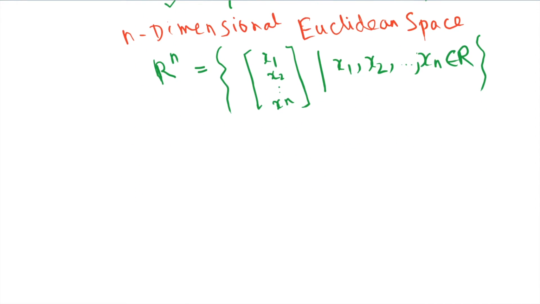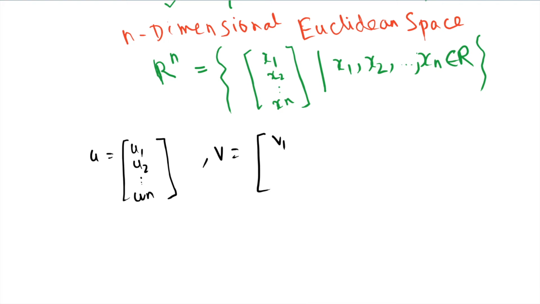Let's discuss some vector operations for higher dimensions. Take two vectors, u equal to u1, u2, dot dot dot un, and another vector v equal to v1, v2, dot dot dot vk.